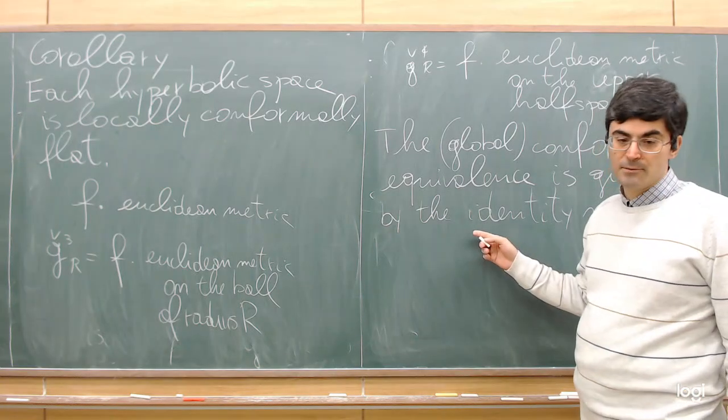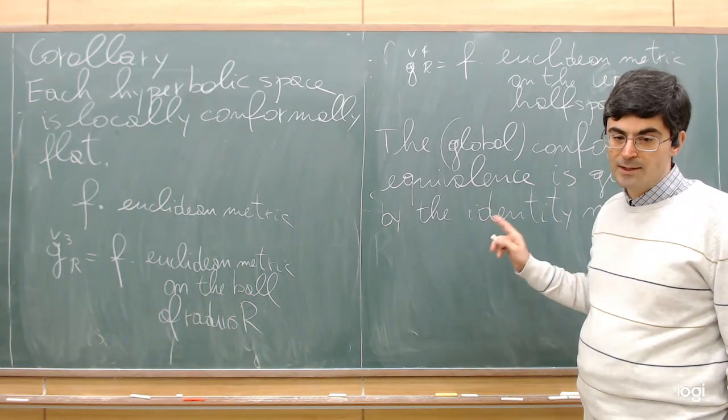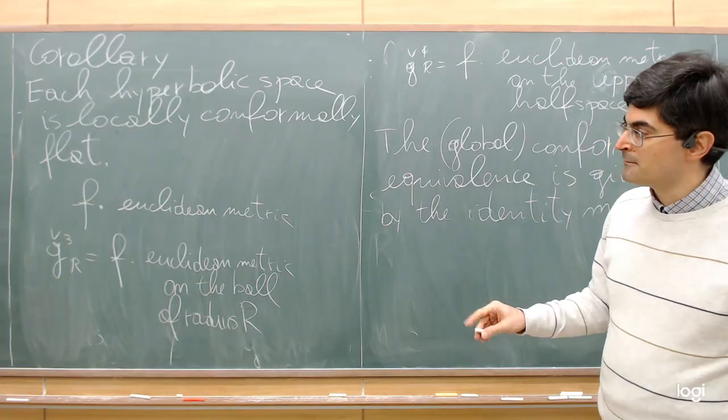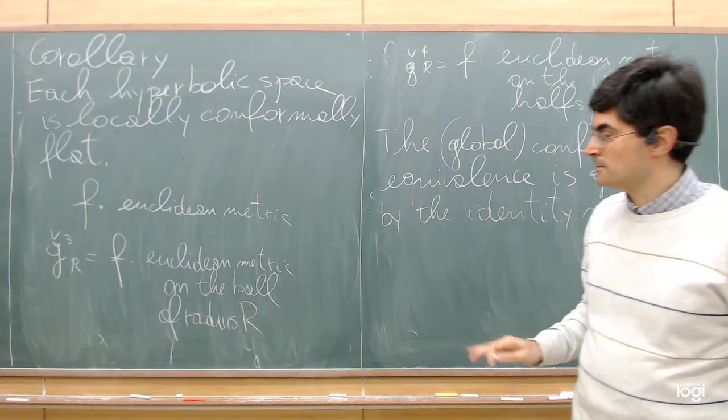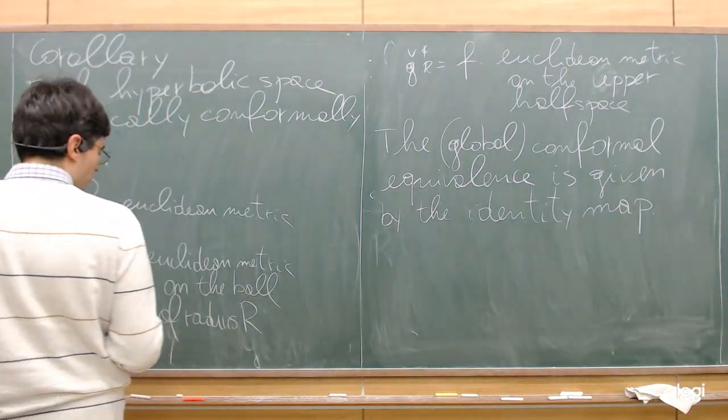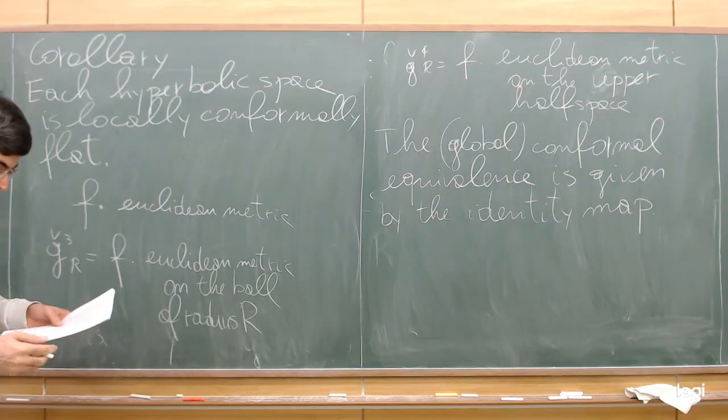Consequently, the pullback by this map of the metric is given by a positive function times the Euclidean metric.